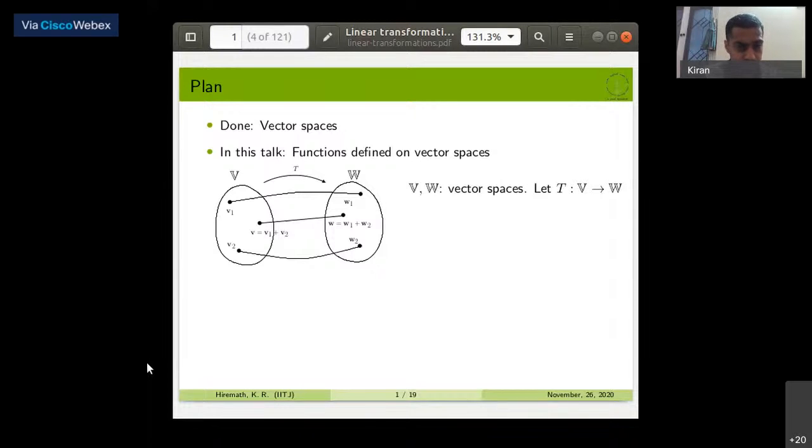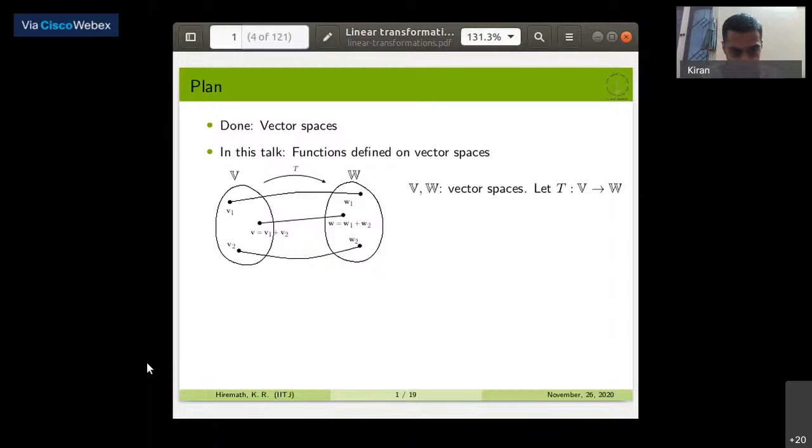In order to make sense, we have to make sure that one element in V is mapped to only one element in W. So this is the point where we should ask students, do we have any flexibility here? Is it possible that one element of V can map to two different elements in W? And what is the answer?